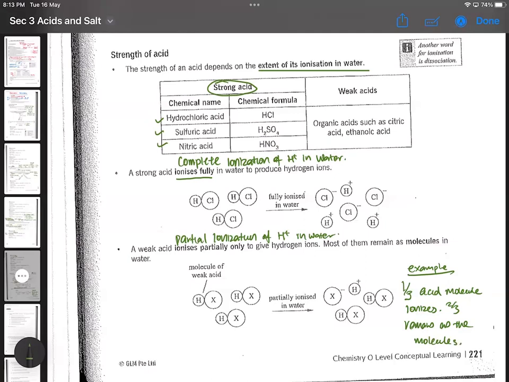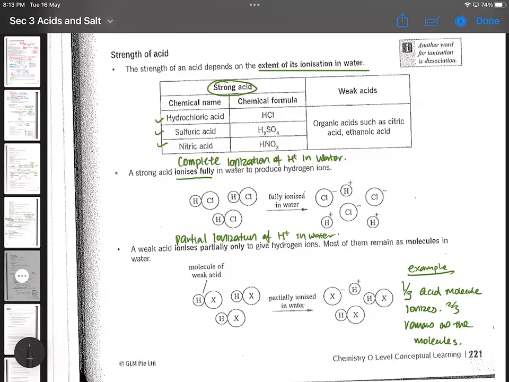So the distinction between a strong and a weak acid is just everything ionized or some ionized. That's all. On its own, there's nothing much to test here, but its application appears in many different topics.